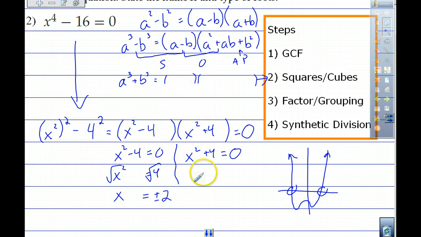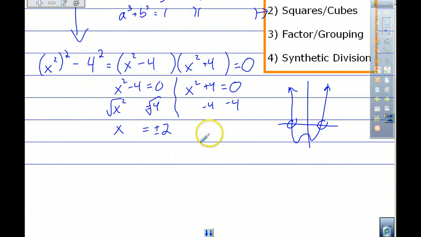How many roots should there be total? 4. Yeah, it's a 4th degree. So we should have a total of 4 answers altogether before we're finished. And then x squared equals negative 4, so the answer is plus or minus 2i.